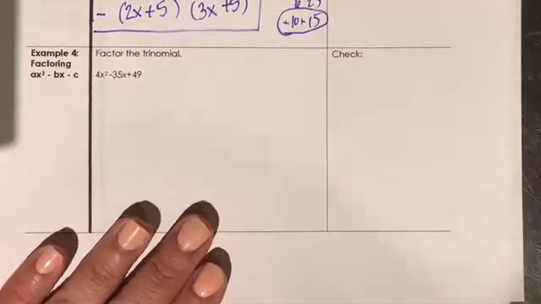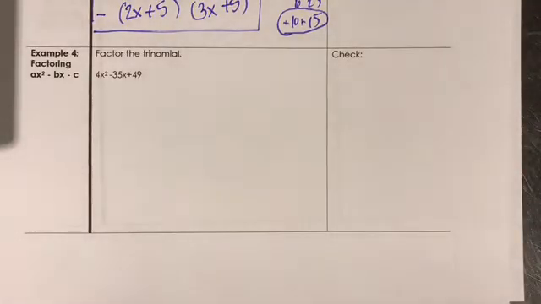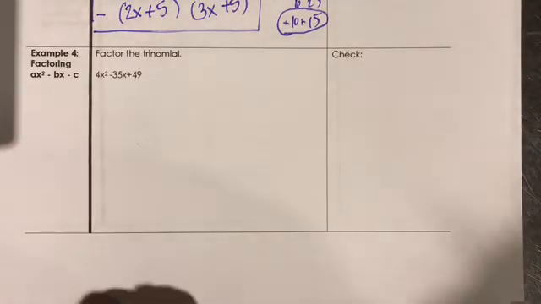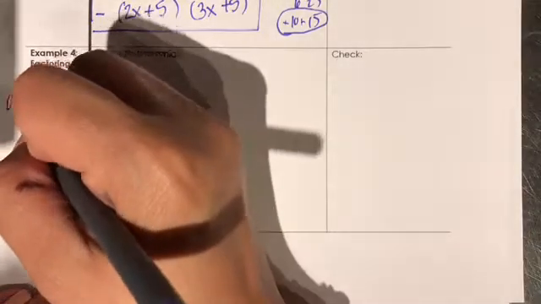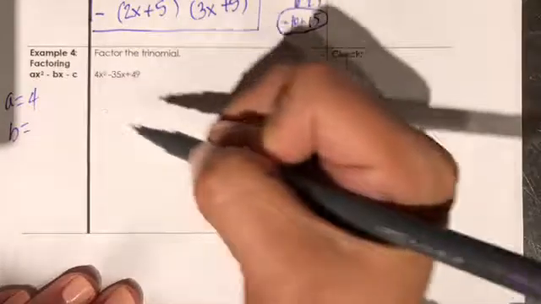Okay, the last example: 4x squared minus 35x plus 49. A equals 4, B equals negative 35, C equals 49.